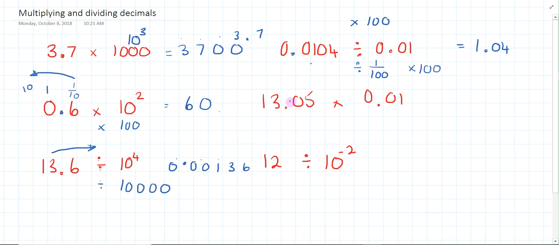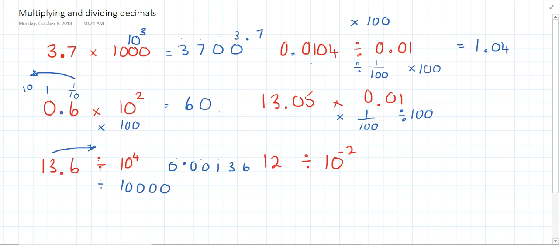Okay, so this one then. We've got 13.05 times 0.01. What's 0.01 again? Like timesing by 100th. What do you think that's the same as doing from our work with the grid? It's the same as dividing by 100.